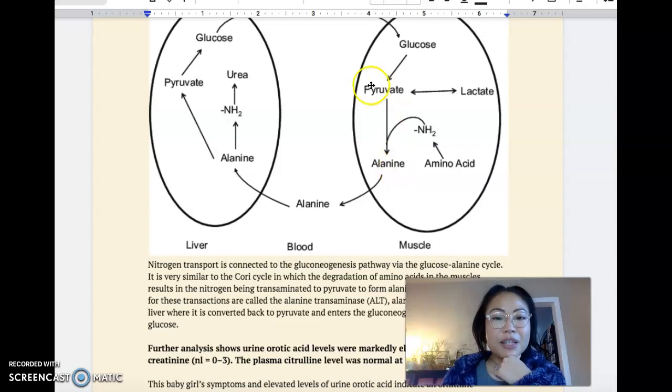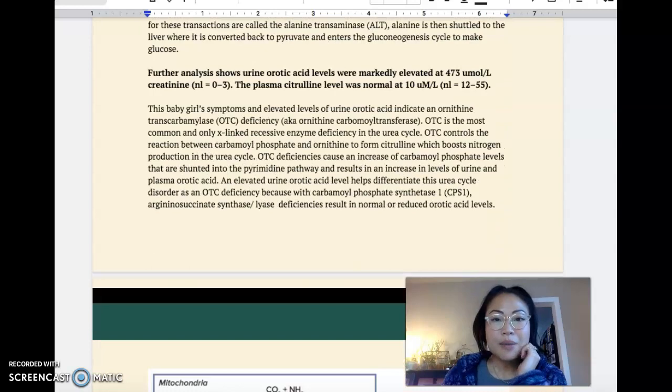The enzyme responsible for this transamination is called alanine transaminase, aka ALT. Once pyruvate becomes alanine, alanine is then shuttled into the liver where it is converted back to pyruvate, and then this pyruvate can enter the gluconeogenesis pathway to make glucose, which is then sent to either the plasma or whatever tissues need it. So back to the baby.